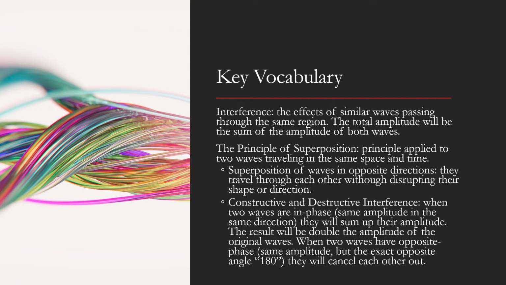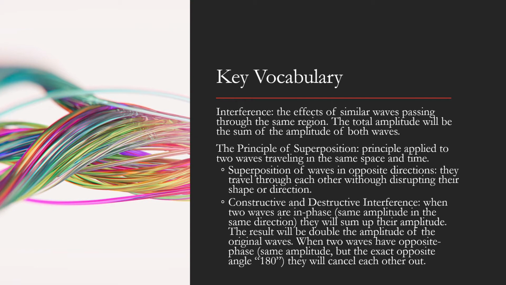When two waves have opposite phase, which means that they have the same amplitude but the exact opposite angle, which is 180 degrees, they will cancel each other out. We have to remember that when we're talking about waves, there is an equilibrium line, right in the middle of the waves.